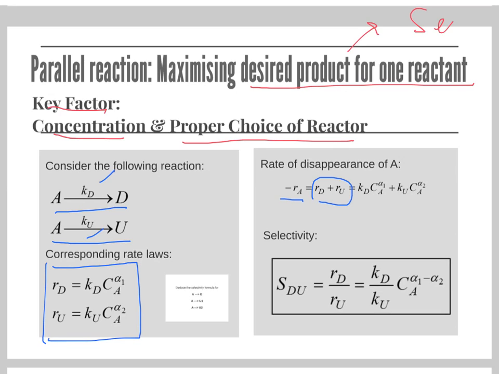If you recall, the instantaneous selectivity SD/U equals the rate of reaction of the desired divided by the rate of reaction of the undesired. Replacing with these terms, we get straight away KD over KU times CA^(alpha1 minus alpha2).